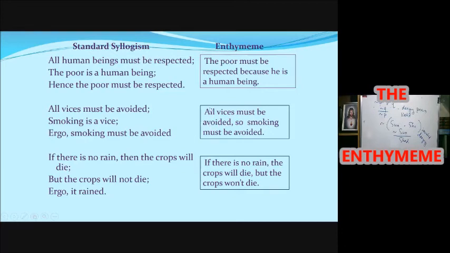Now, you go back to the indicators. They will tell us so because, since, for, due to. These are premise indicators. But when you see terms like so, ergo, thus, therefore, consequently, then they are conclusion indicators. Okay.